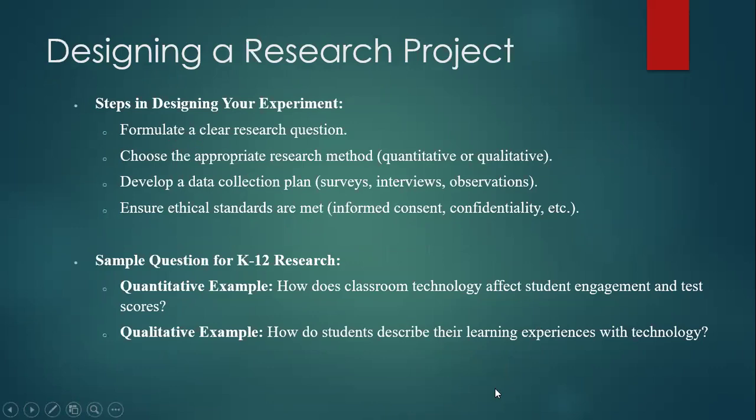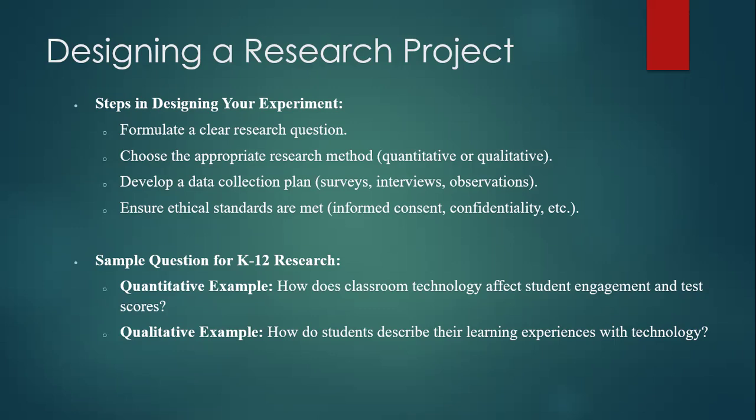Designing a research project. Now, this is more towards your assignment. Formulate a clear research question, choose an appropriate research method, quantitative or qualitative, develop a data collection plan, whether you're going to use surveys, interviews, or observation, and ensure ethical standards are met: informed consent, confidentiality.